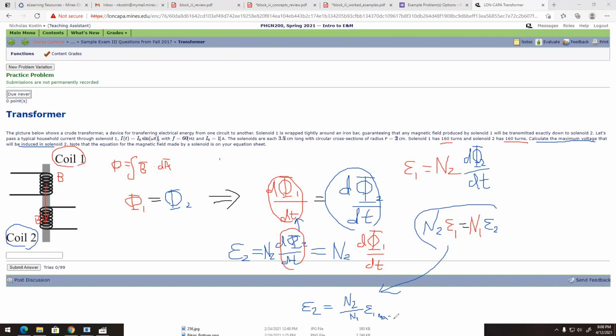If I have a maximum here, then I must be taking the maximum here. Conversely, I could also be looking at RMS values for the voltages, but right now it's wanting the maximum value. Both of them have 160 turns, so 160 divided by 160 is just 1. And basically this tells me that the maximum induced voltage in solenoid 2 is just going to be the same as in solenoid 1.